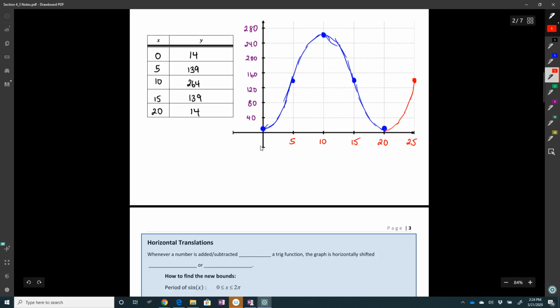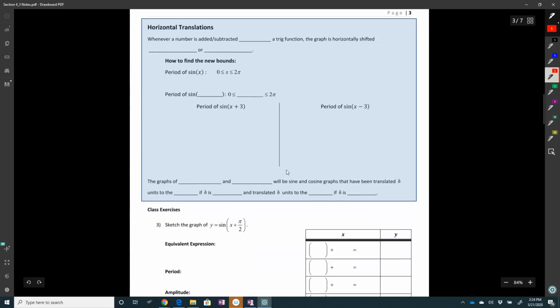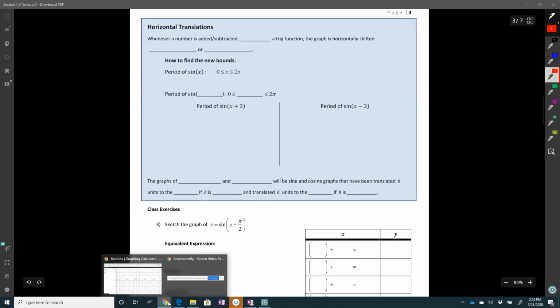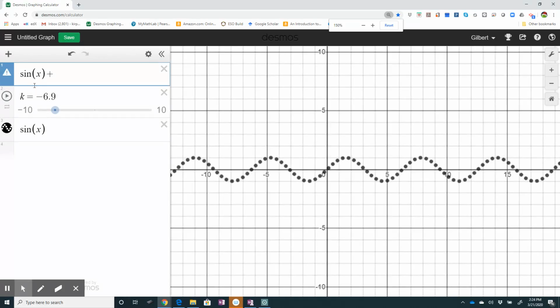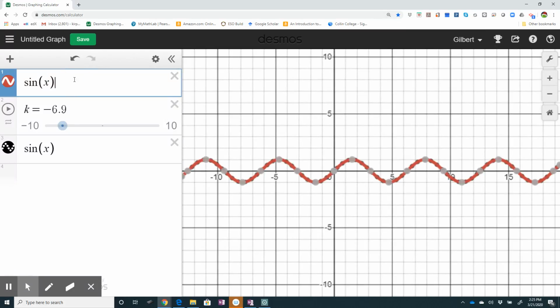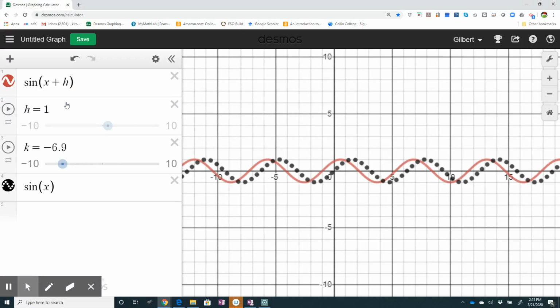So let's go to the more complicated part, which is moving the graph left or right. This is where things get funky. If I go back to Desmos and change the number being added inside the function, let me get rid of K, and I hit play.